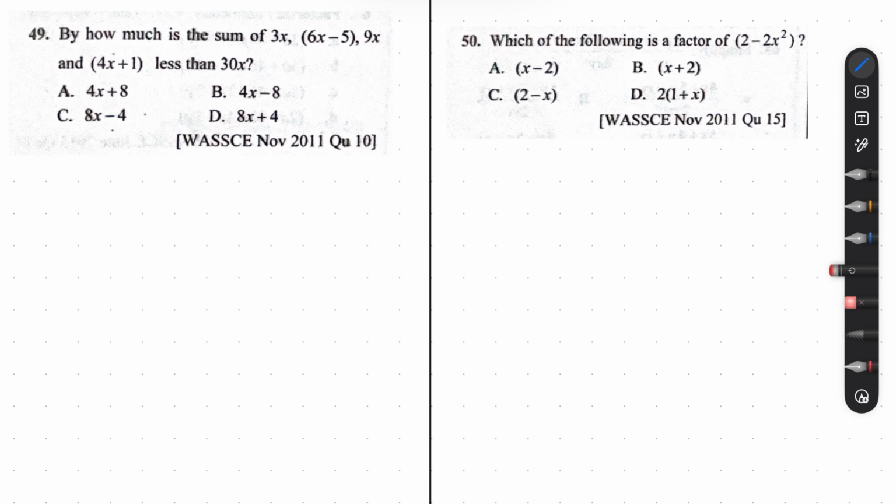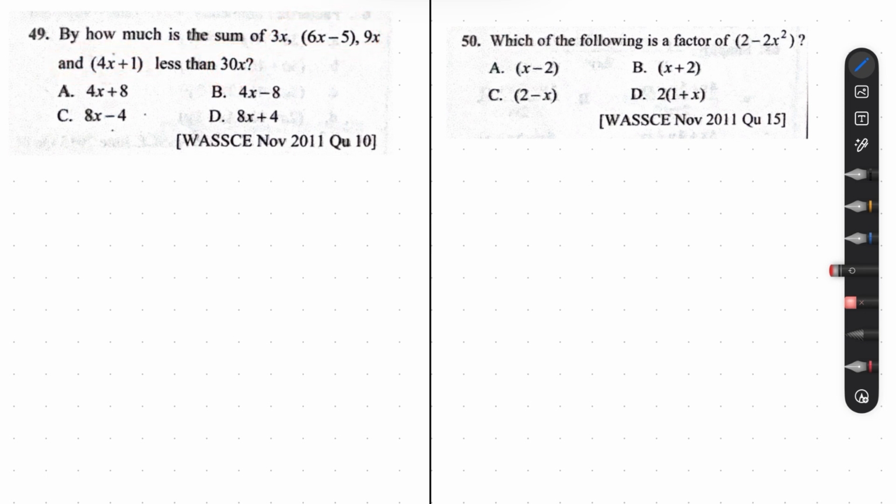It says, by how much is the sum of this, and this less than this? So what that means is we need to subtract this sum from 30x, okay?